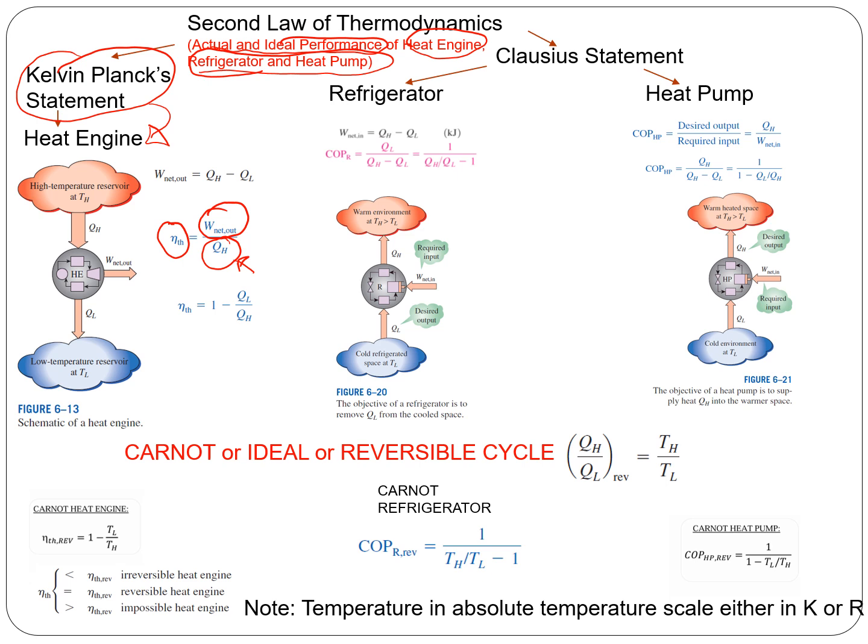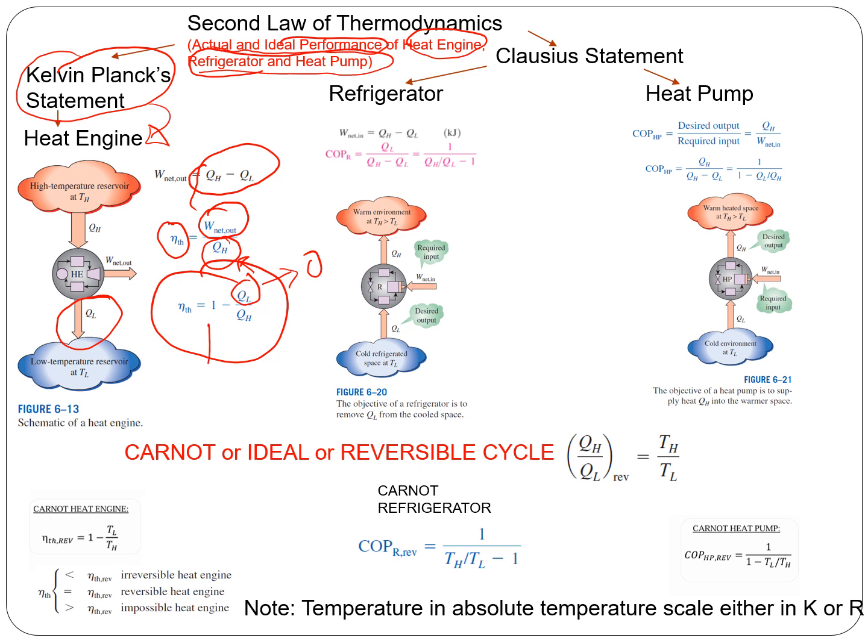Okay, and the Kelvin Planck statement says that if you substitute this W net by QH minus QL here, this is what you get. The Kelvin Planck statement says that this QL can never be equal to 0, or in other words, there will always be some heat that is rejected.